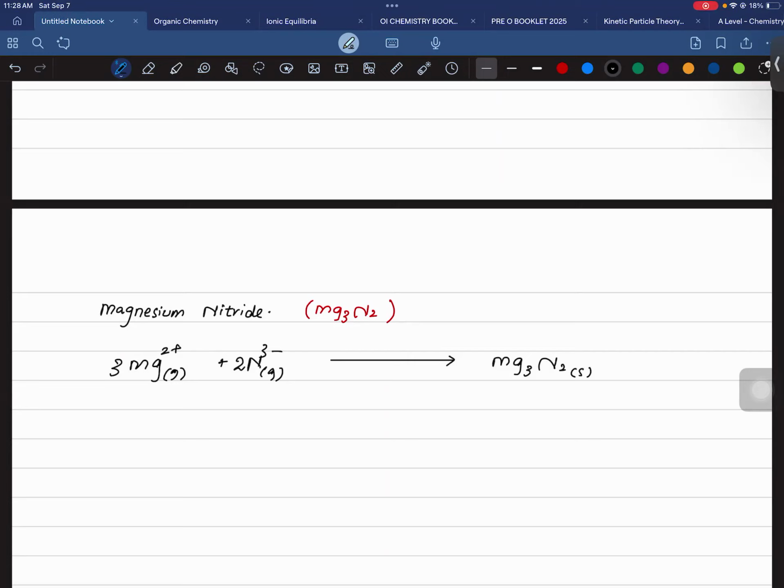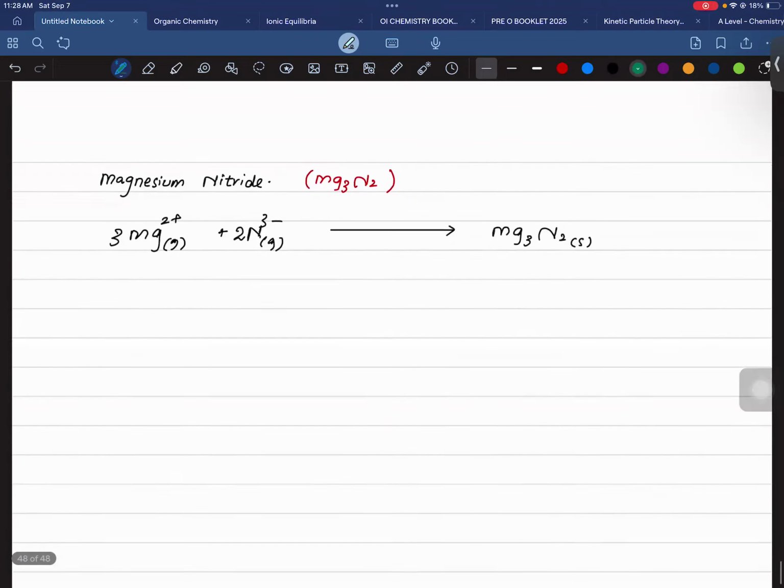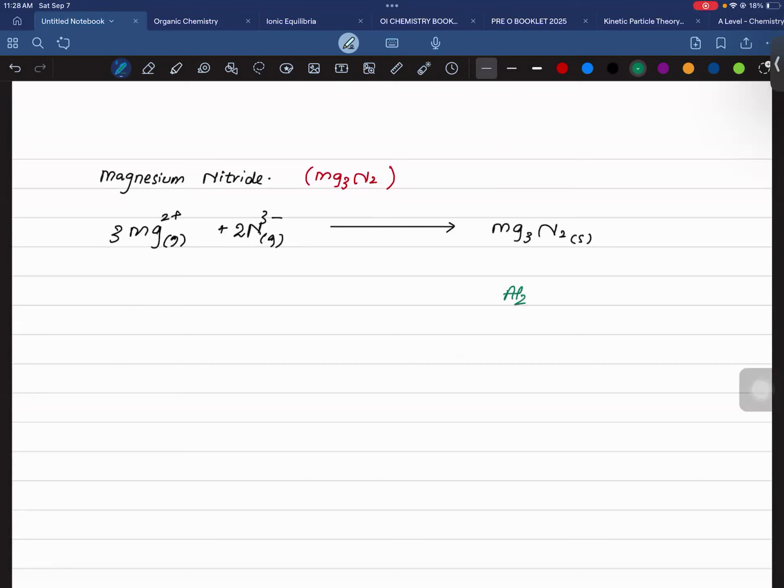They would be attracting each other to form this ionic solid, magnesium nitride, Mg3N2. To balance this, I'm supposed to write 2 over here and 3 over here. This is the lattice energy equation.